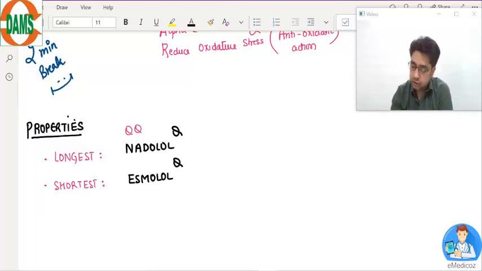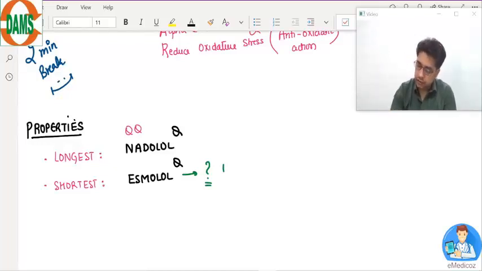The question comes, why is esmolol the shortest acting beta blocker? Because when you give esmolol to your patient, it is rapidly metabolized in plasma. By which enzyme? It is rapidly metabolized in plasma by the esterase enzyme.